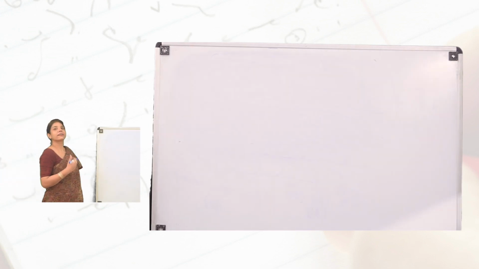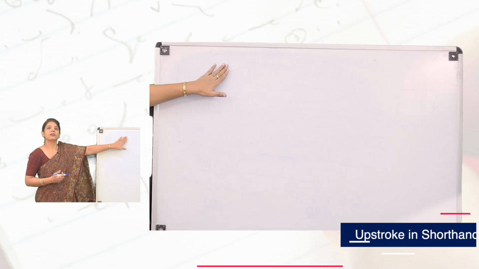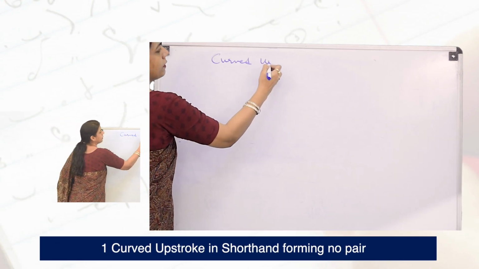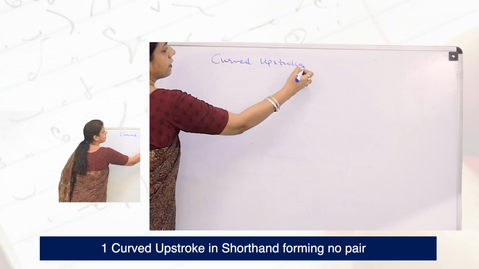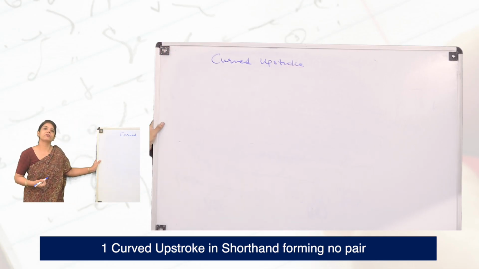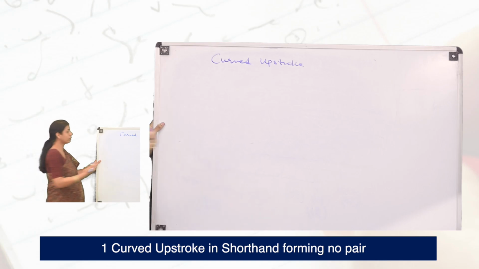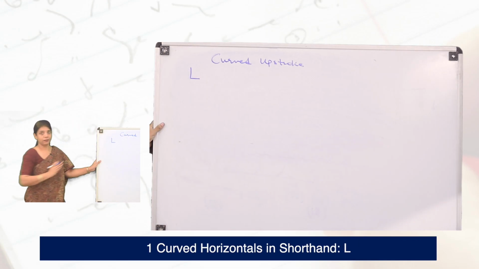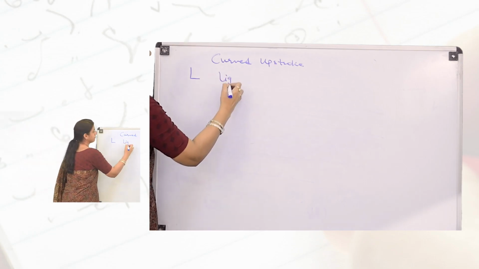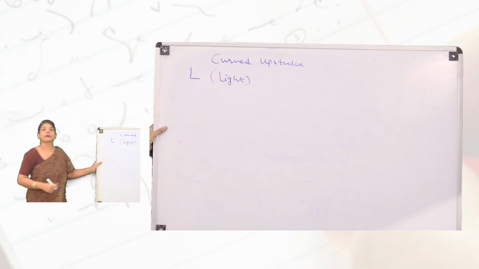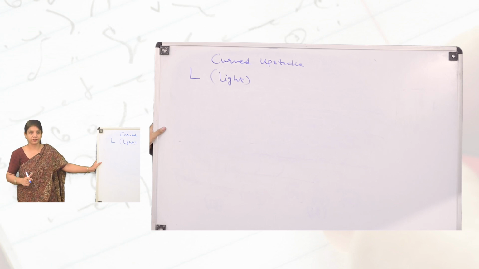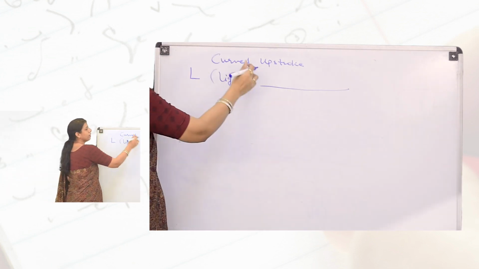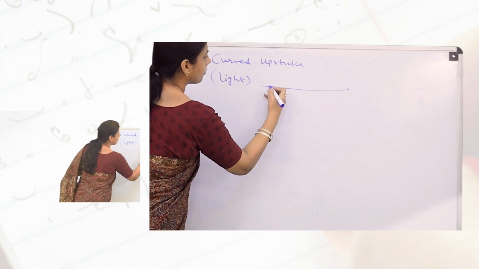Now the last category left is curved upstroke. In categorization, we learned that we have only one curved upstroke, and the name of the curved upstroke is L. And L is a light consonant. Now a curve from bottom to top.